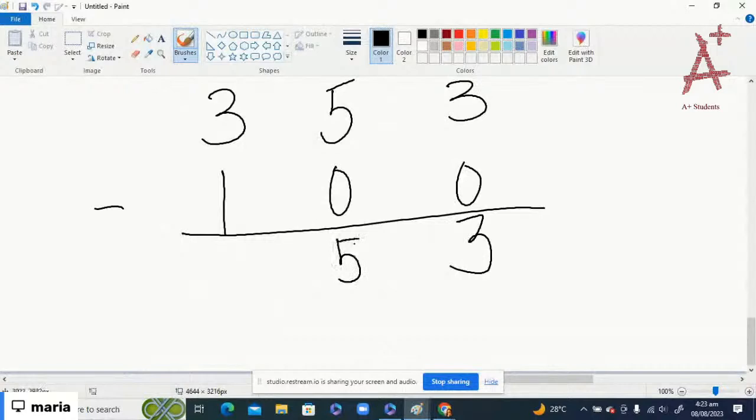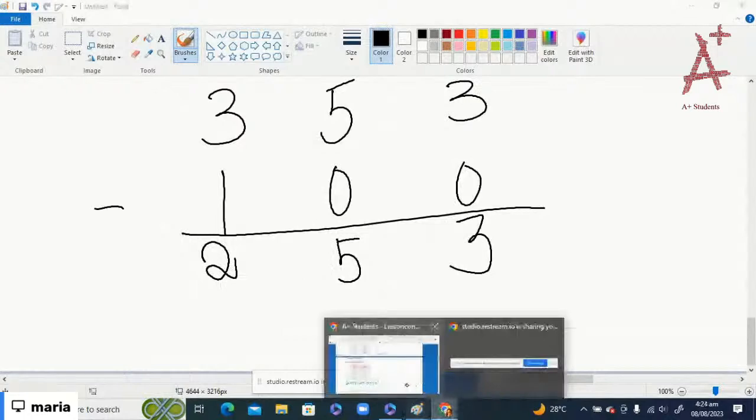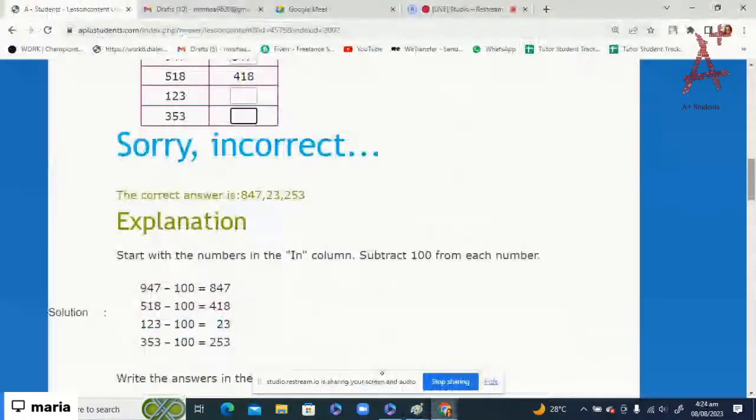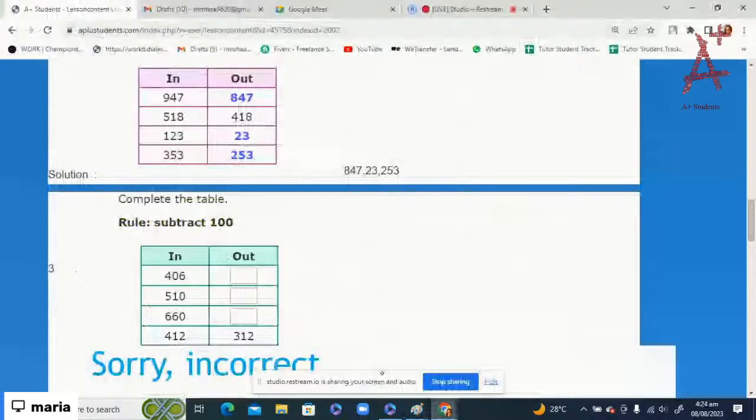Now 3 minus 1, that is 2. Here the answer is 253. Okay. So these are all the questions. Sometimes you subtract 100 and sometimes you add 100. Let's do the test question.